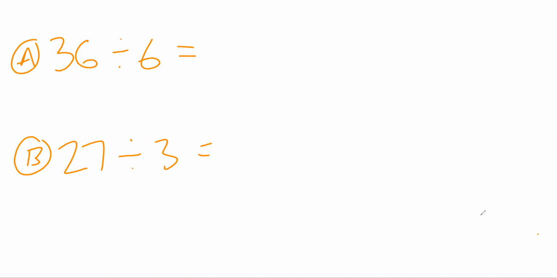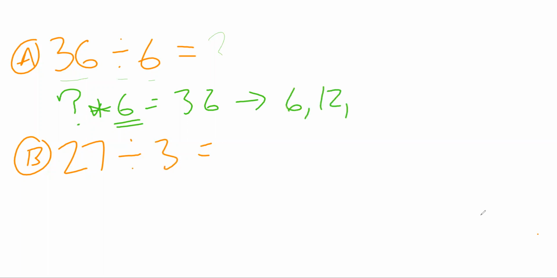So let's start. So I know right away 36 divided by 6 equals something, right? So I got to figure out in the inverse that something times 6 equals 36, which means I can use my groups, my multiples of 6. So 6, 12, 18, 24, 30, 36.